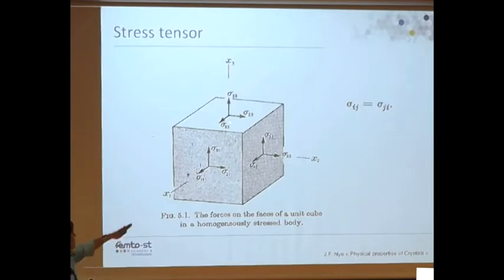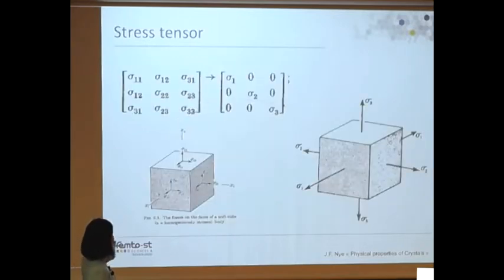The force is applied along direction 1 on the plane perpendicular to z. 2,3 means on plane 3 along direction 2. And 3,3 means applied on plane 3 along direction z. And it's the same for the others. So we have 9 coefficients, and we describe it with the second order tensor.